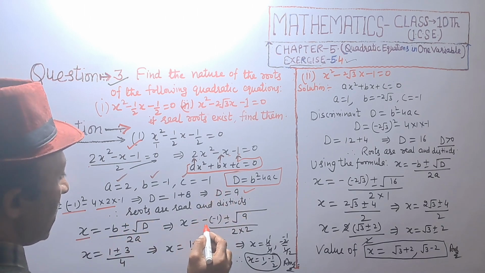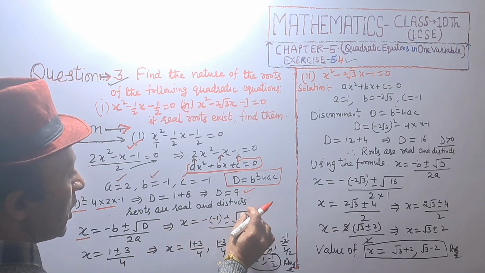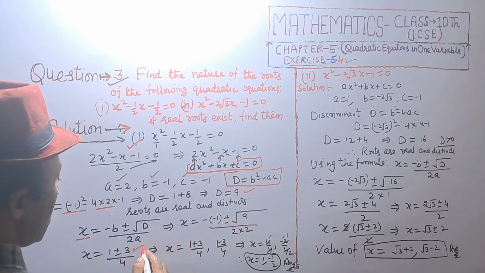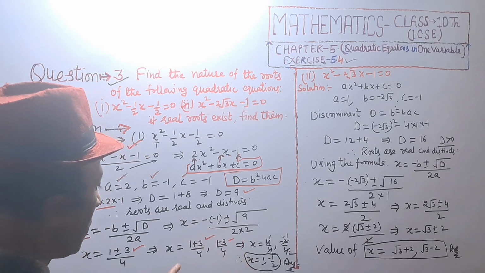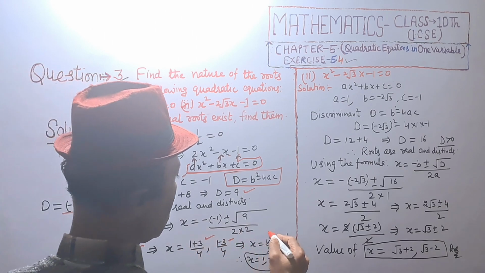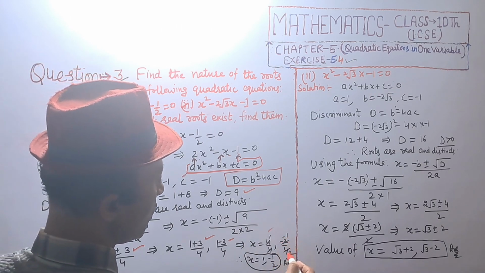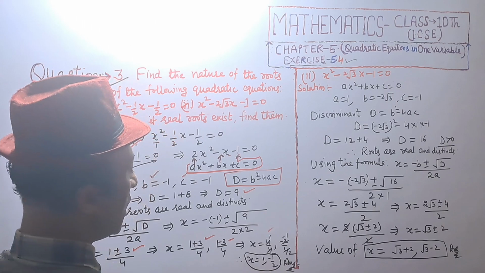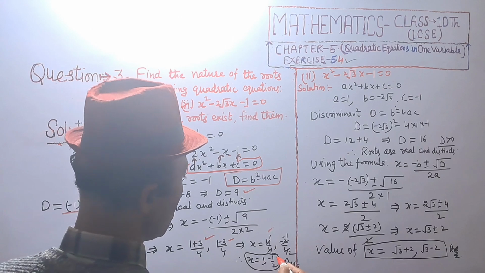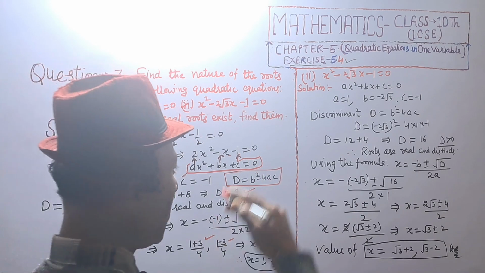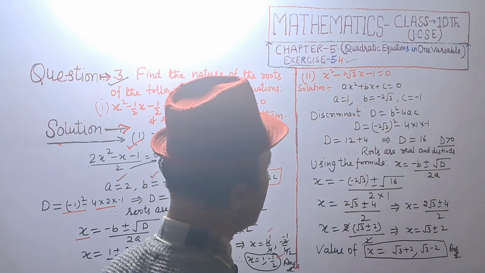D is equal to 9, -(-1) ± root 9, that will be 3 square, root and square cancelled, root 9 is 3, (1 + 3)/4 and (1 - 3)/4, 4/4 that is 1, and -2/4, that is 2 1s are 2, 2 2s are 4, -1/2. So value of x we get 1, -1/2. Answer.